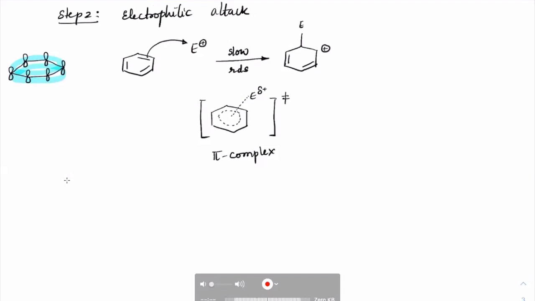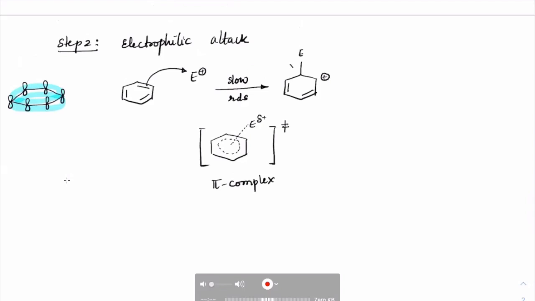And once it has formed a bond, after bond formation, this carbon already has one hydrogen present. On that carbon, now an electrophile also got added. Since a sigma bond has been formed in here, this is also known as sigma complex.